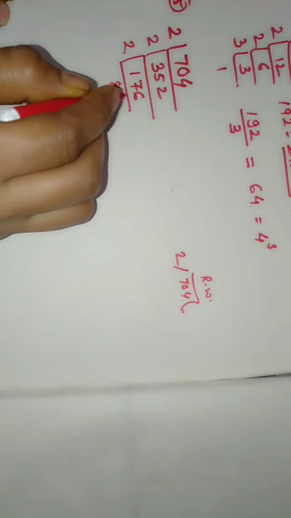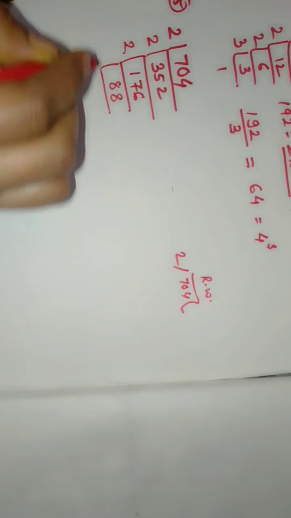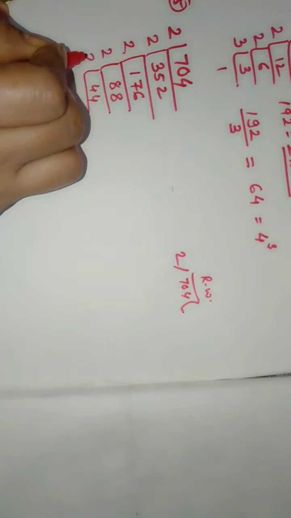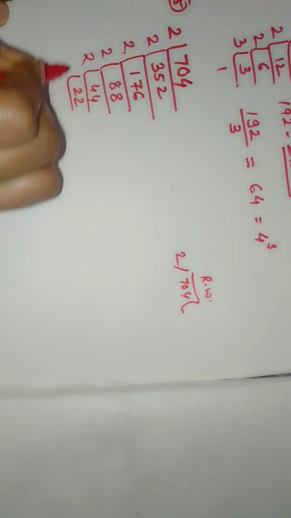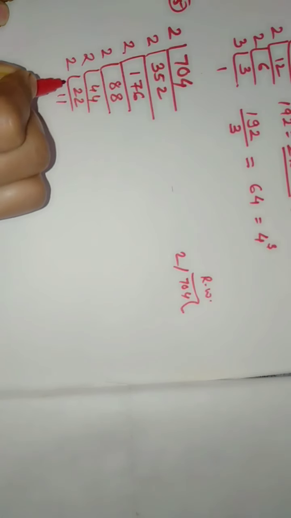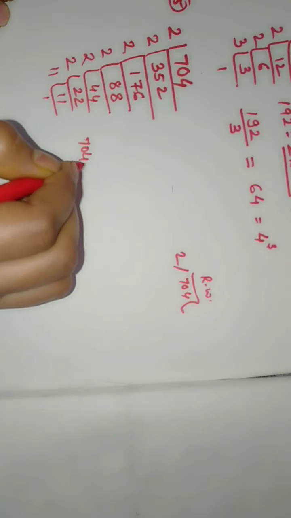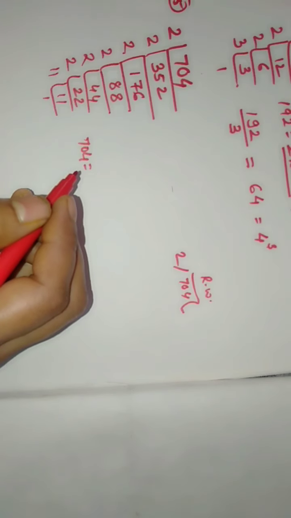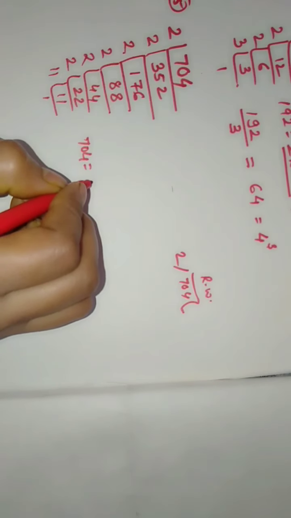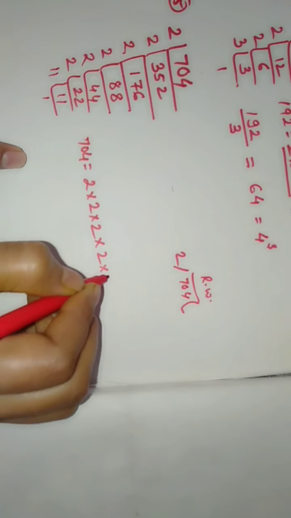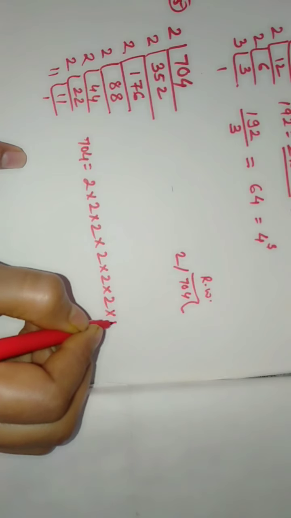Again dividing by 2, we will be getting 88. Then dividing by 2, 44. Again dividing by 2, 22, and 11. Now writing 704 as the product of its prime factors as 2 into 2 into 2 into 2 into 2 into 2 into 11.